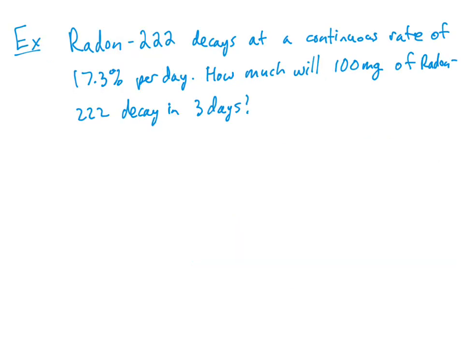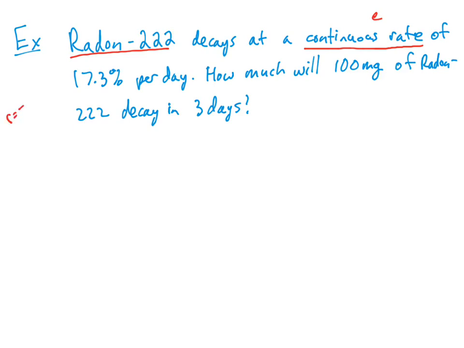Alright, so an example of this is dealing with a radioactive compound called radon-222. That's just the name. The 222 is not a numeric amount. So this decays at a continuous rate of 17.3% per day. Because we have a continuous rate, we're going to use the exponential constant E, and we're decaying 17.3% per day.